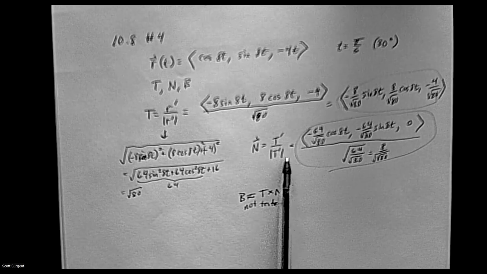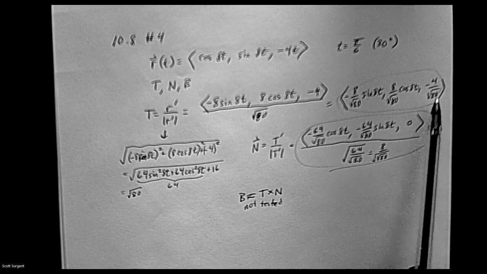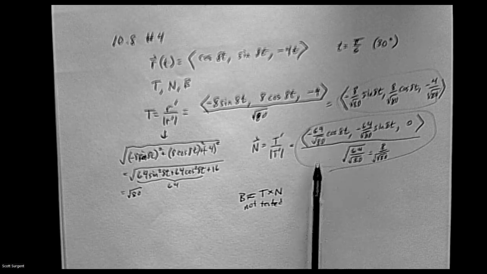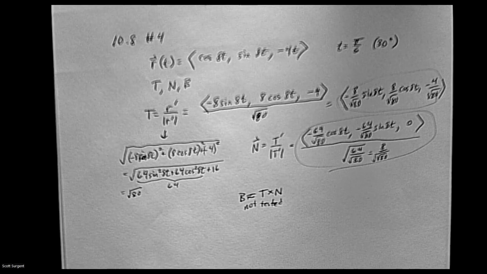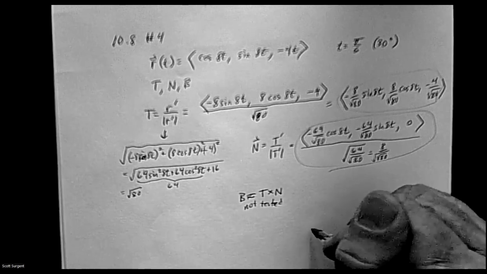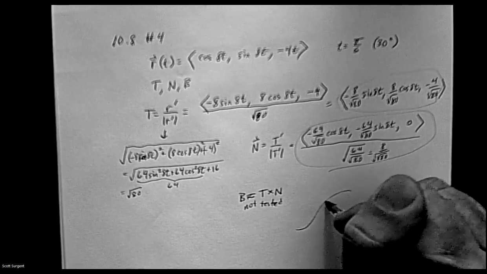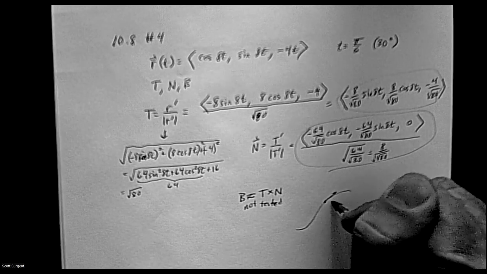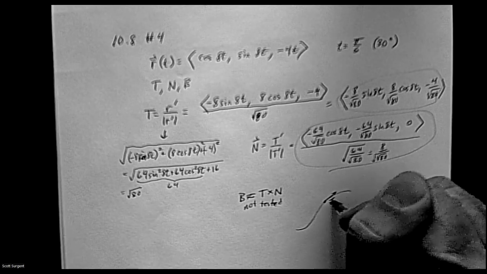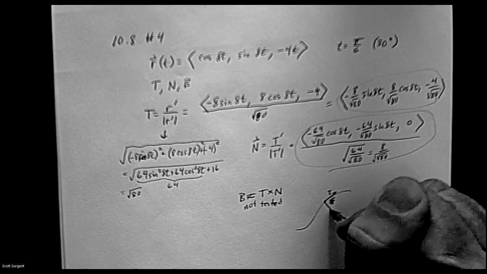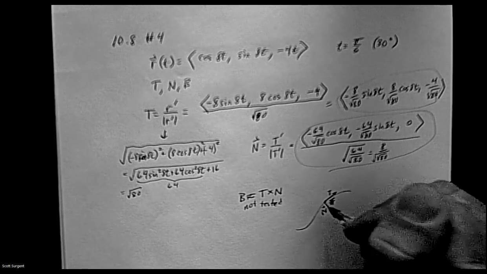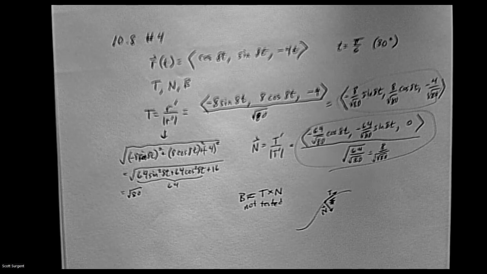It's partly because they're usually very difficult to evaluate, you can see that even getting to this stage here, it's going to be a rough cross product. But the more important thing is to just appreciate what you have here. When you're moving along a curve in R3, you get a unit tangent in your direction of movement. You get a unit normal in your direction of turning. That's your acceleration vector, or that's actually a component of acceleration.